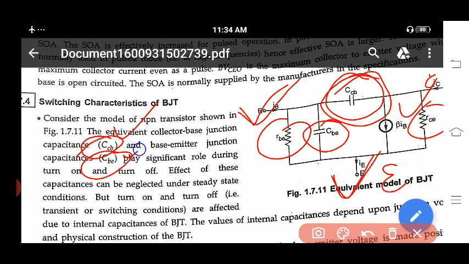These two capacitances play a very important role during turn on and turn off. Turn on and turn off are affected by the internal capacitance of the BJT.